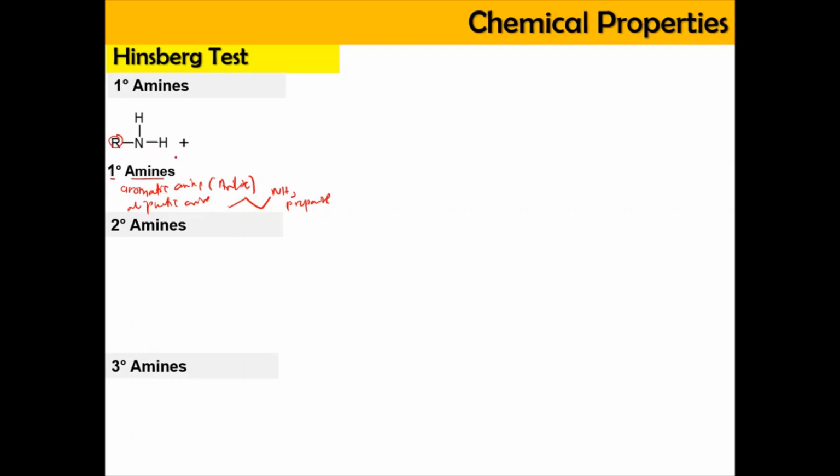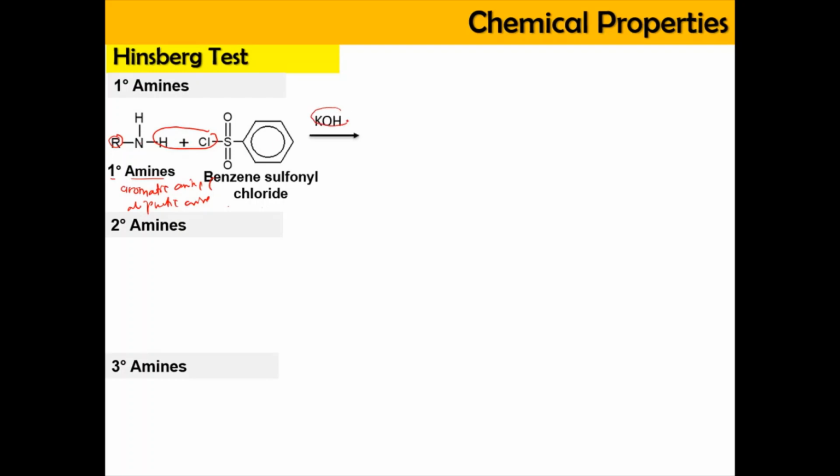So for the result of the Hinsberg test for the primary amine, we're going to react our primary amine with the benzene sulfonyl chloride, and from the reaction, we're going to remove the HCl from the reaction mixture, and this causes the N and S bond to be connected. This happens in the presence of excess KOH. When the N and S bond is connected, the hydrogen here is going to be replaced by the potassium metal.